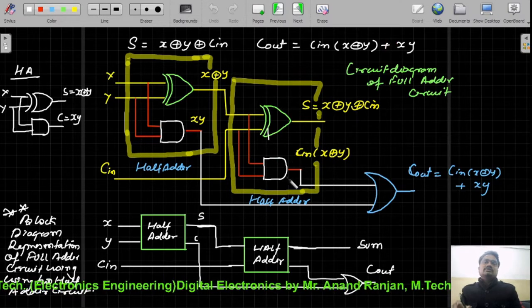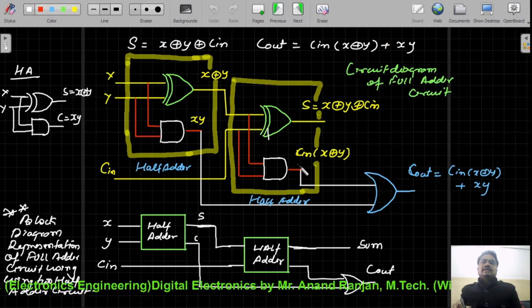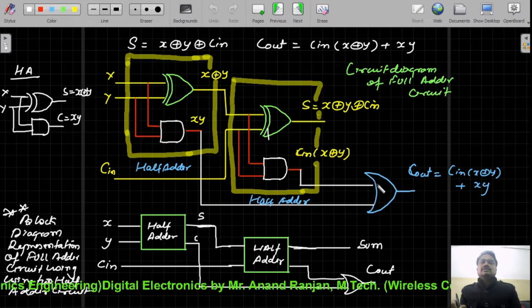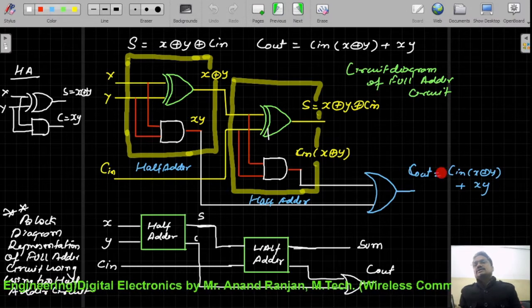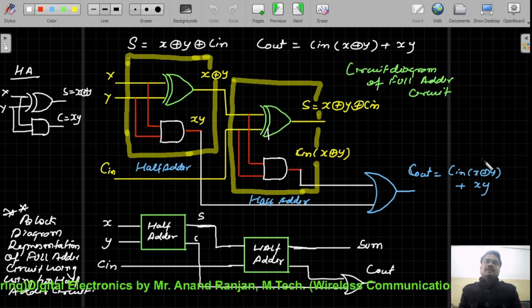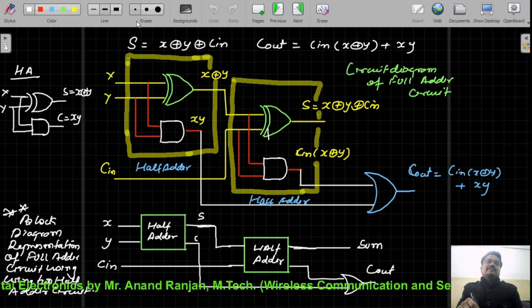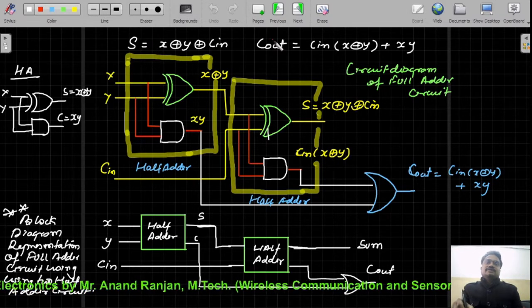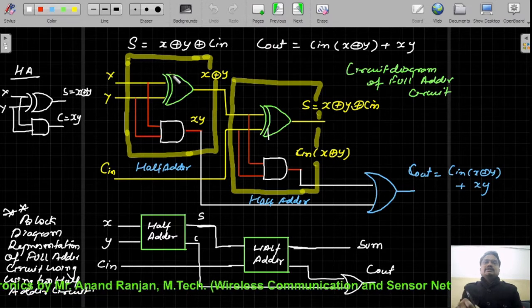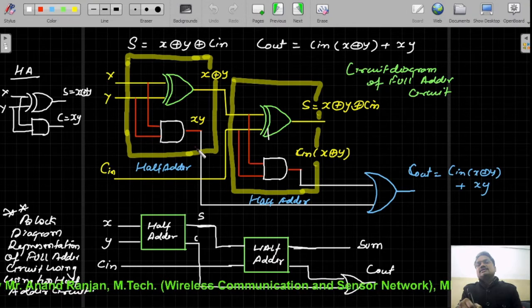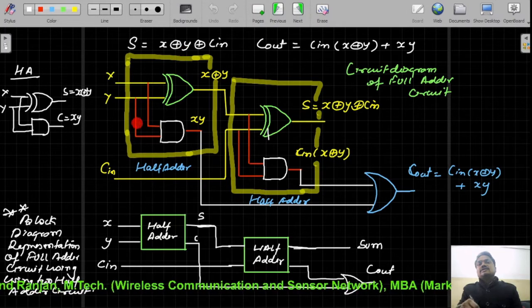So you can use a two-input OR gate, taking the outputs of these two AND gates and providing them as input to it, and you will get the Cout expression equal to Cin (X XOR Y) plus XY. Now interestingly, if you observe this implementation of a full adder circuit, you will be surprised to know that the first block actually represents a half adder circuit.